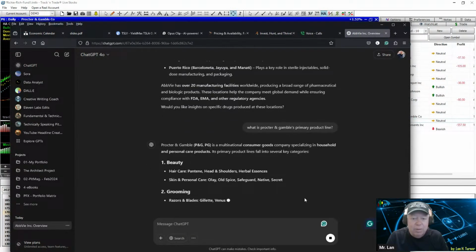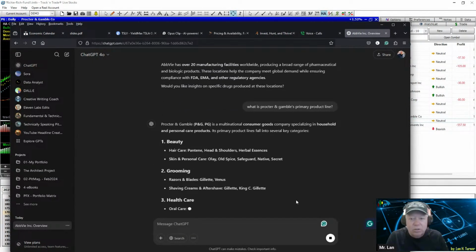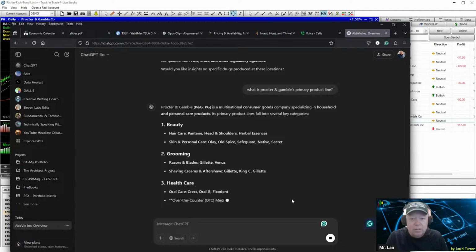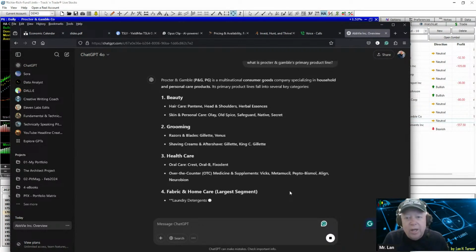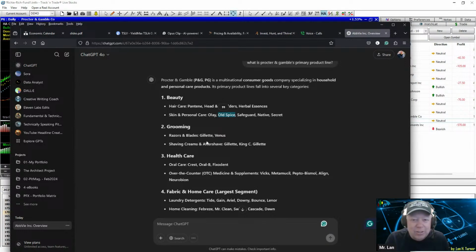Hair care, Pantene, Head and Shoulders, Herbal Essence, Skin and Personal Care, Oil of Olay, Old Spice. I know you guys, everybody in here, you guys all put on Old Spice. Our group's an Old Spice group. Safeguard, Native Secret, Grooming, Razors and Blades, Gillette.